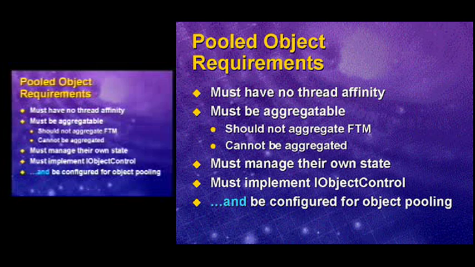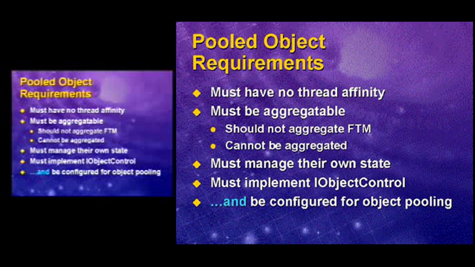Well, object life aggregates over top of your component. So your component, Bob's component, or anybody's component, has to be aggregatable. If you don't support aggregation, if you don't support being passed an unknown pointer for a controlling unknown, then you're not going to be able to play pooled objects. On the other hand, pooled objects cannot be aggregated. Once I get the pooled object back, I can't aggregate over top of it. So they must be aggregatable, and they can't be aggregated once you get them back.